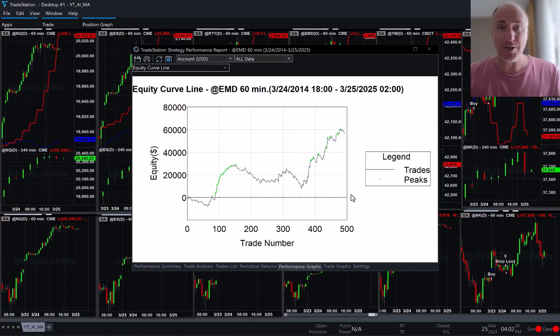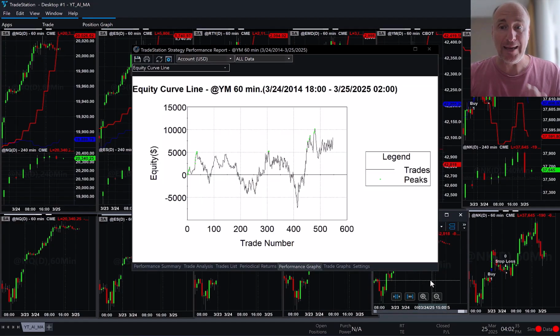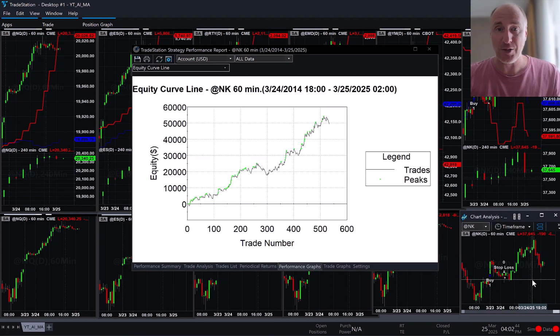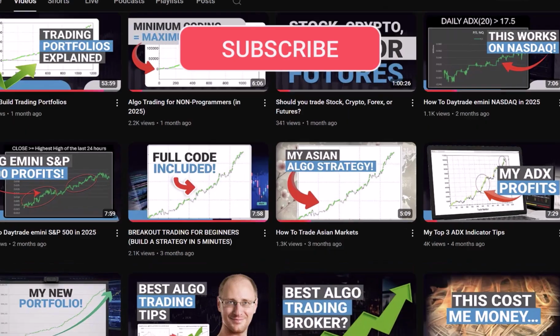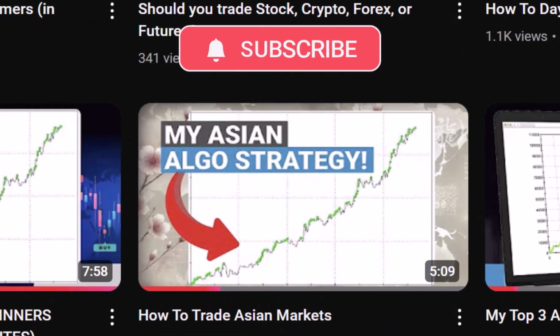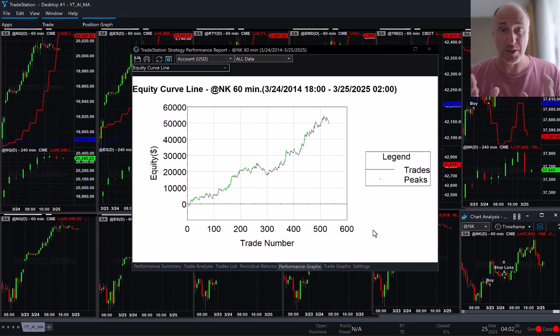This is application on EMD, and as you can see, it still works, but the drawdown is very long and very deep. This is application on E-mini Dow Jones, and the strategy doesn't work well with the YM market. And here is the application on Nikkei, where the strategy was originally developed. As you can see, this looks quite all right.